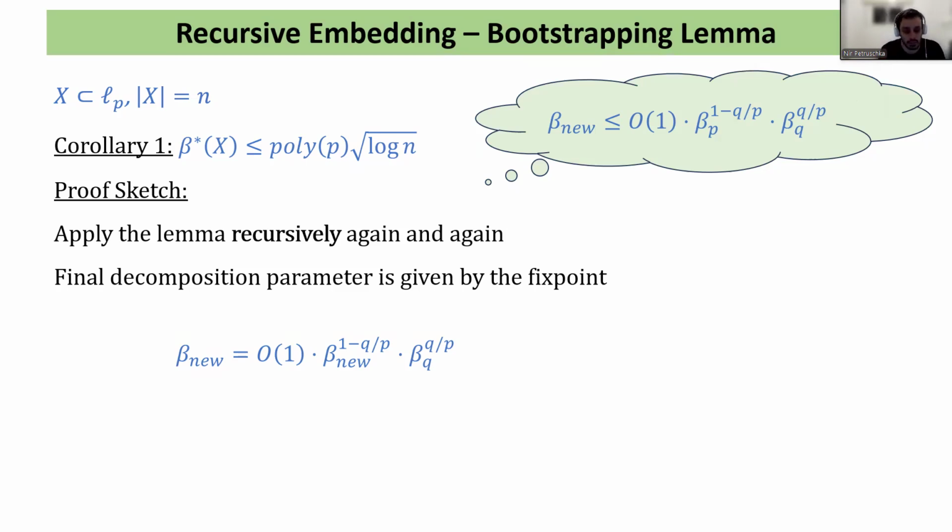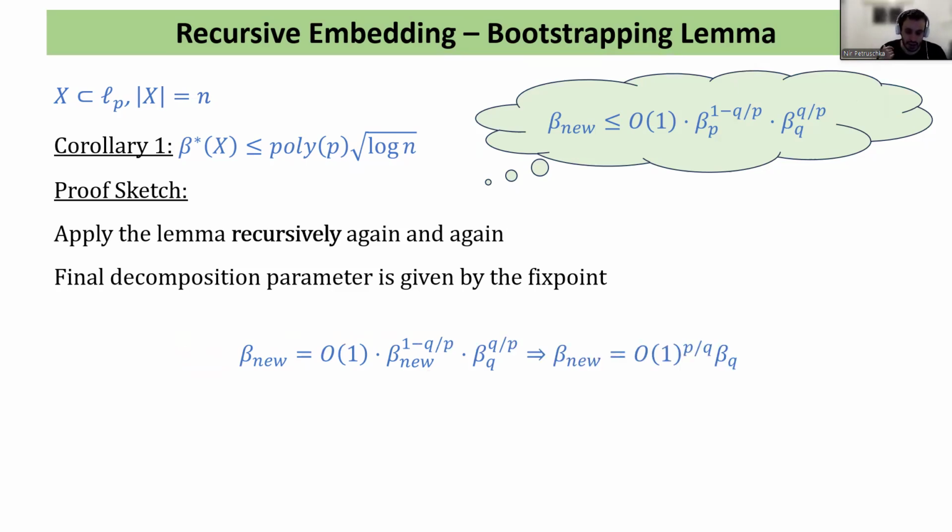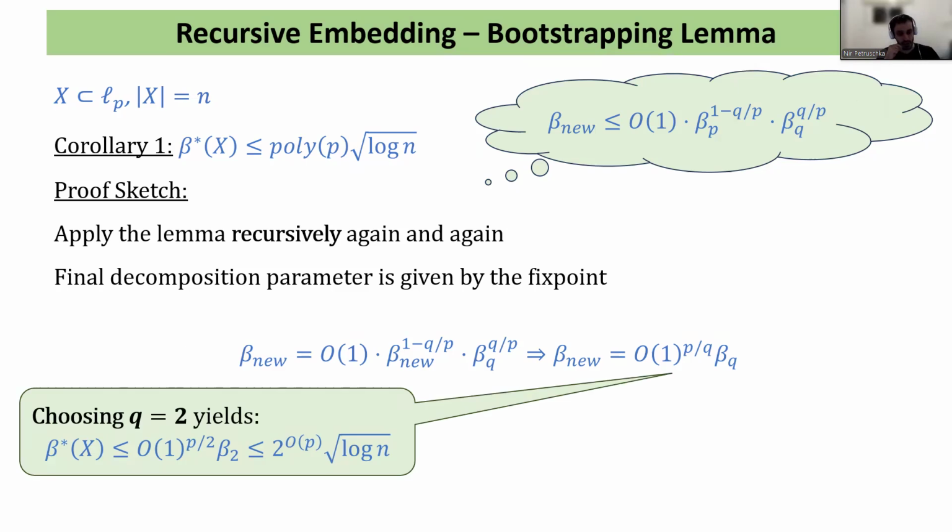We can find it by plugging beta P equals beta Q. And when we do so, we get that this final decomposition parameter will be something like beta Q up to order 1 to the power P over Q. So to get the result with exponential dependency on P, we just plug in Q equals 2, and we get that we can match this decomposition parameter of the set to what we know in L2.